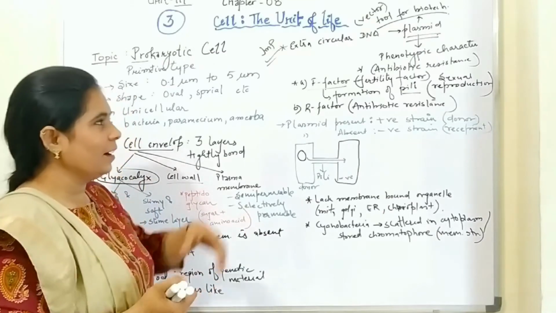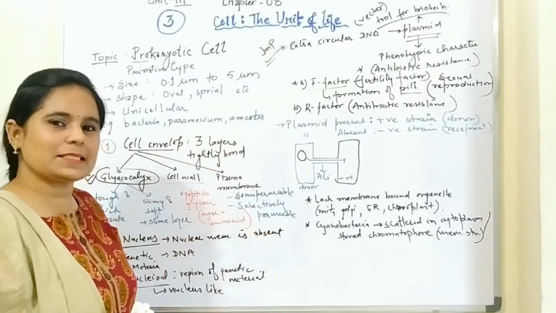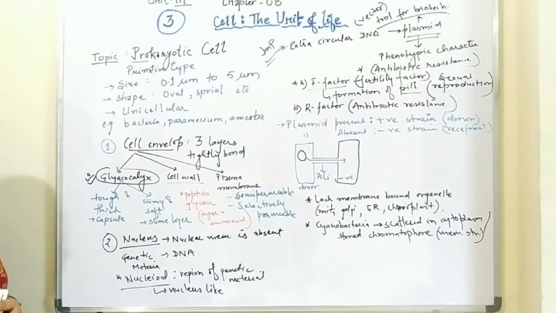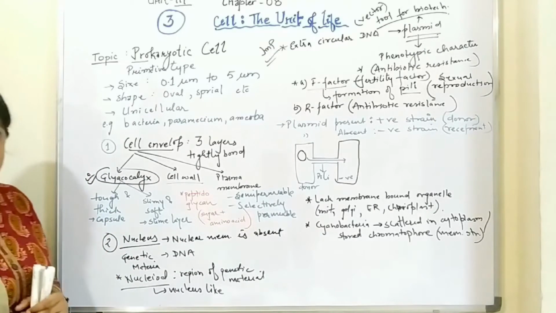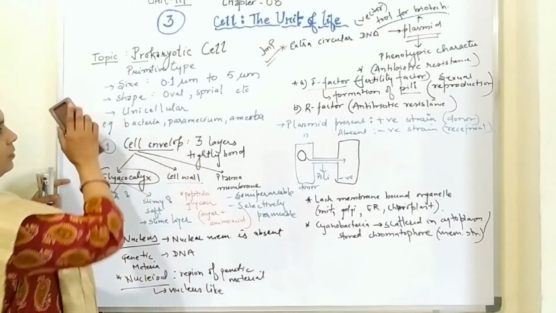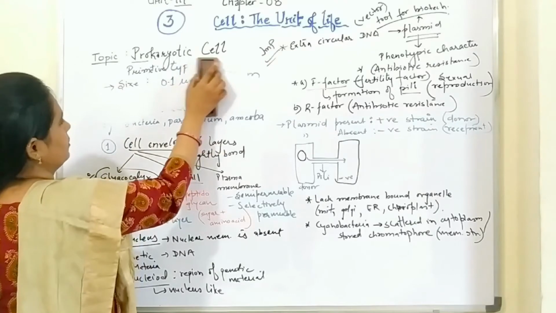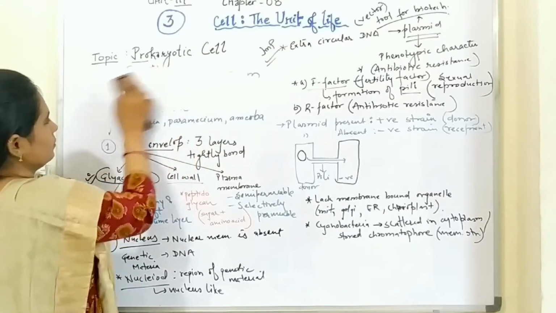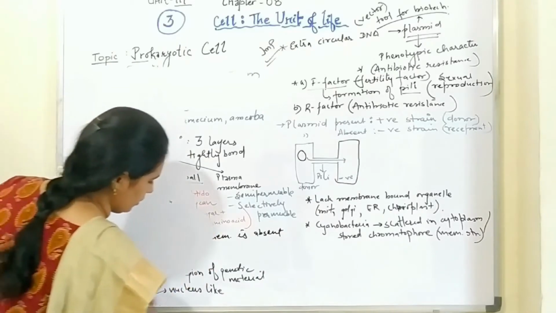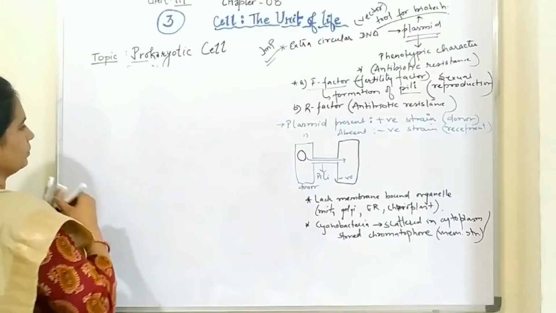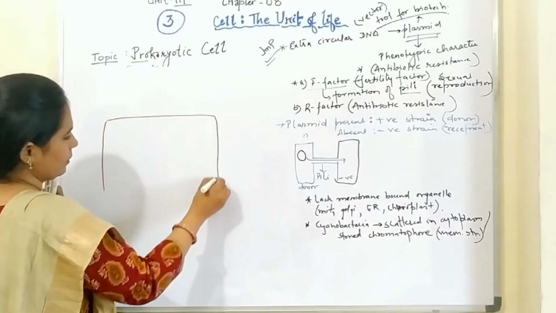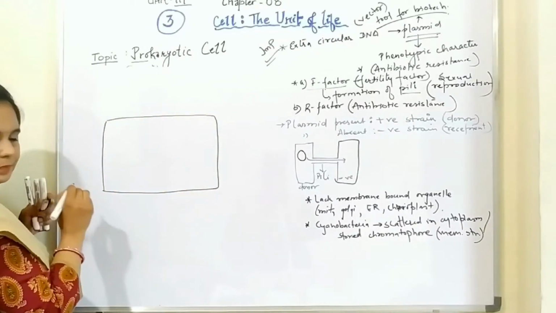So before that, before I rub the diagram, please take a screenshot, everyone. Fine. So let's start with the diagram of prokaryotic cell. First of all, this is the plasma membrane.